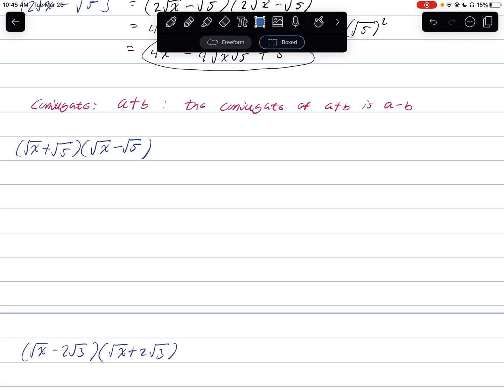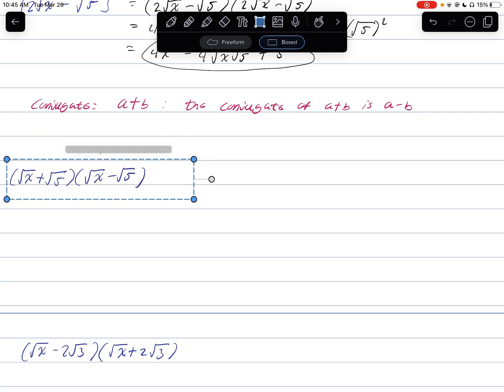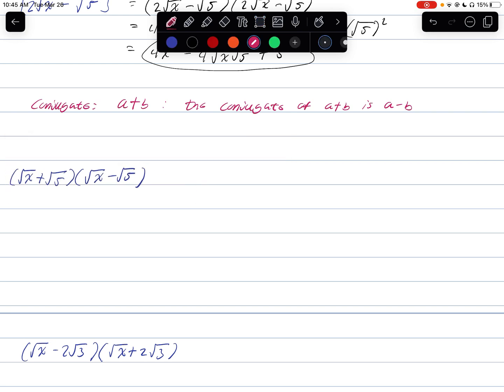So here, another little fact that might make this a lot easier: if we have A plus B times A minus B, I'm going to work this out and show you how we can use the conjugate property to make fairly complicated foiling problems into just a quick formula that we can remember, okay?